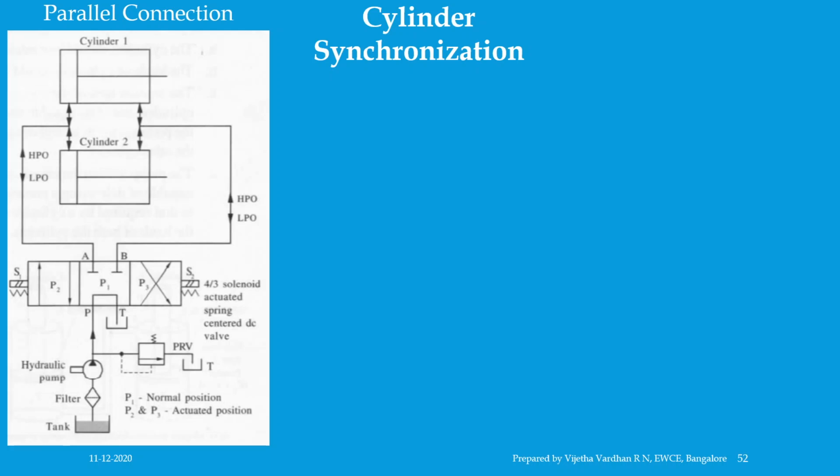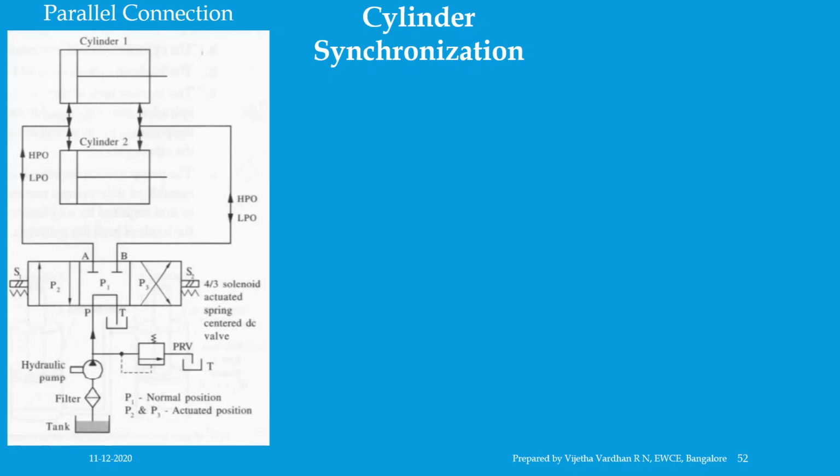High pressure oil flows to the rod end of both cylinders at a time and retracts the cylinders together, and the low pressure oil flows back to the tank from the head end of the cylinders through A and T along a common line. This is how it works.